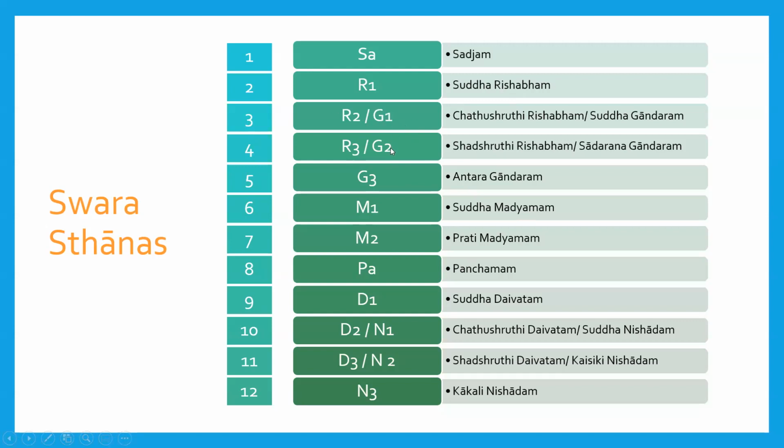They mean this one. What we have called ga2, ga3 is ga1, ga2 in that book. So there are different ways of notating, and it might be confusing if you go just by numbers R1, R2, R3. It is better to know Shadjam, Shuddha Rishabham, Chatushruti Rishabham, Shatshruti Rishabham, and learn those Swarasthanas. So that will help you understand what exactly that note is and how it has to be played or sung.